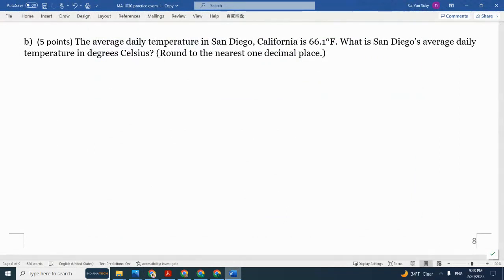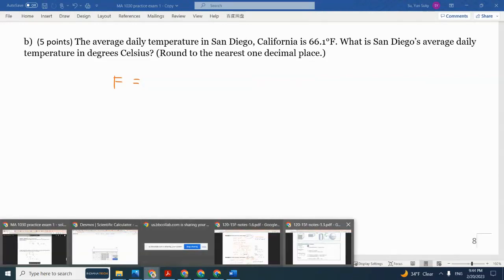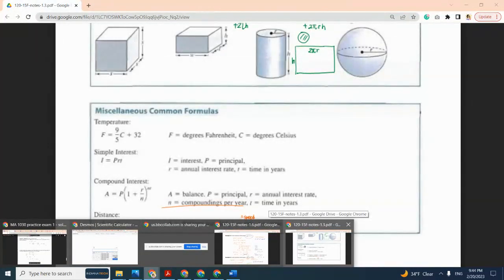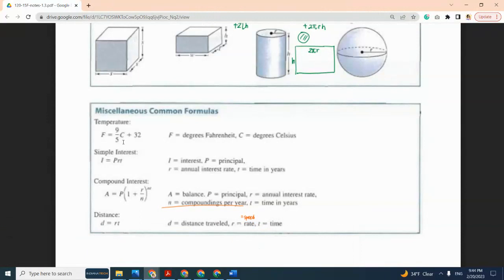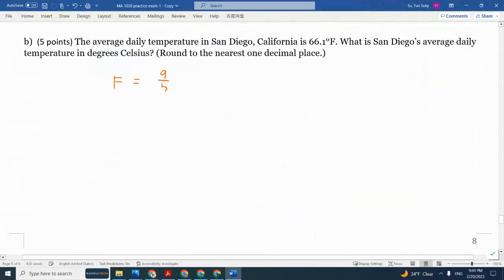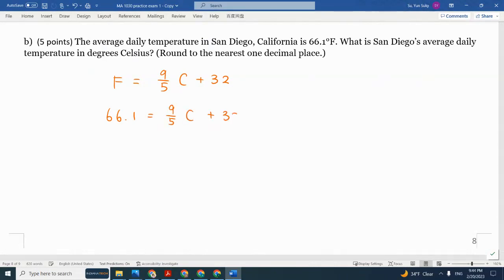Okay, so temperature: 66.1 Fahrenheit converted to Celsius. Do you remember the formula again? It's right here. Fahrenheit equals 9/5 C plus 32. Fahrenheit is 66.1, and we are looking for Celsius.